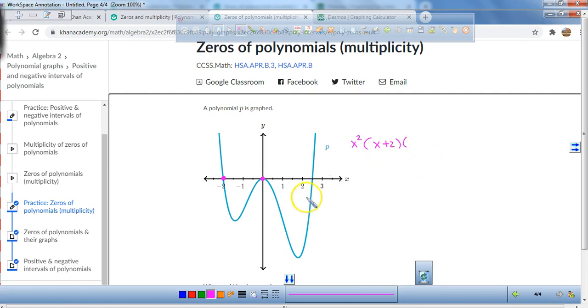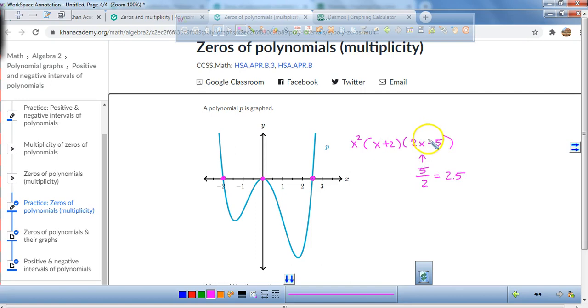And then finally, right here at the end, it goes through at 2.5. So at 2.5, we could call that 2x minus 5, because 5 over 2 would be the number that I would plug in to make that equal to 0. 5 over 2 is equal to 2.5.